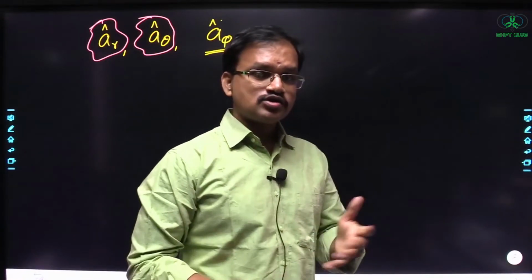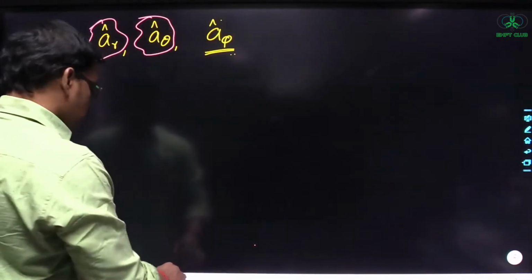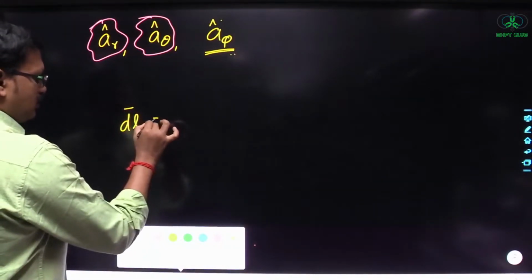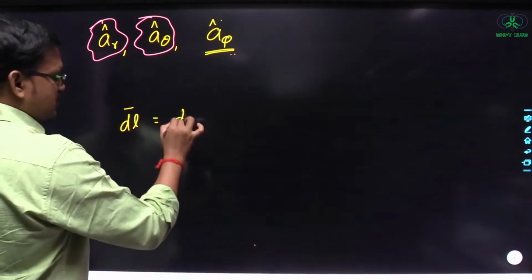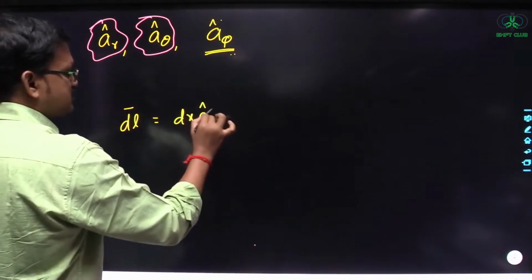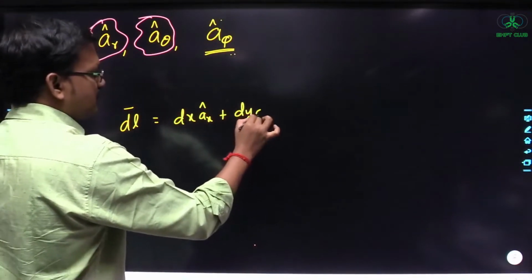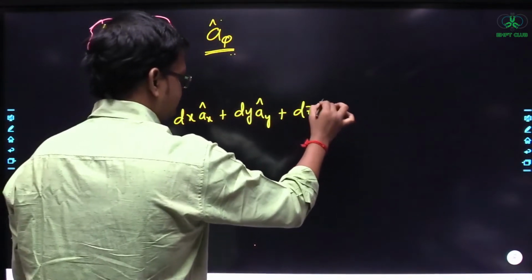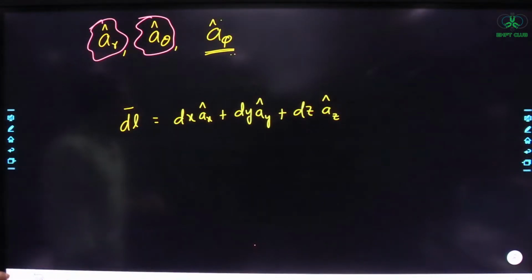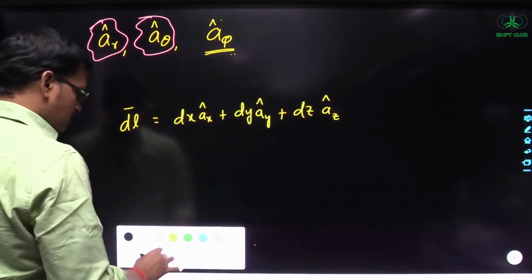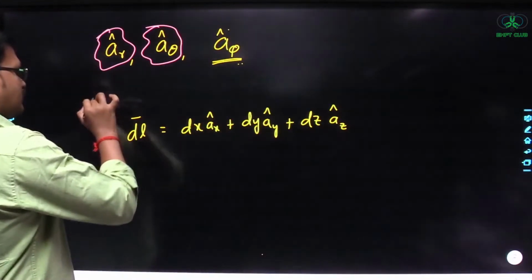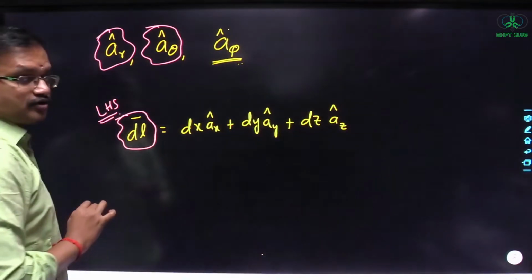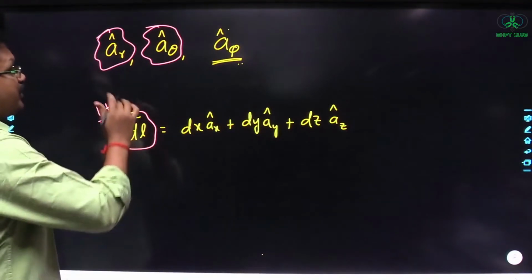Take the differential length dL bar in the rectangular coordinate system, that is dL bar equals dx a_x cap plus dy a_y cap plus dz a_z cap. Then on the LHS, determine the differential length by varying only r.